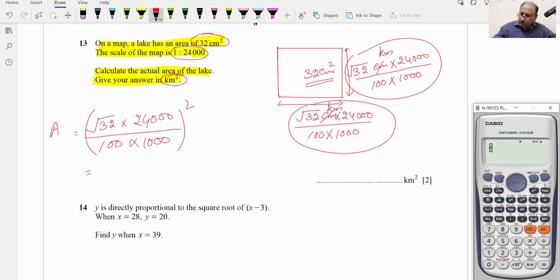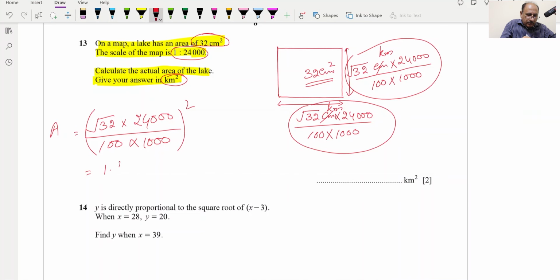So it will be square root of 32, multiplied by 24000, divided by 100 into 1000, and this will be squared, and this is equal to 1.8432, and this will be kilometers square, because this is area, so it will be the square of the units. This will be our final answer.